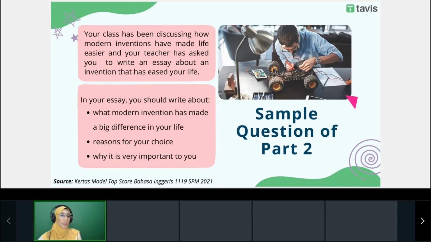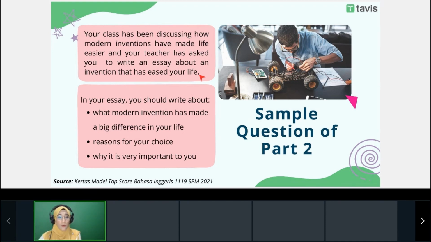So in this case, for this question, it's talking about how your class has been discussing how modern inventions have made life easier, and your teacher has asked you to write an essay about an invention that has eased your life.